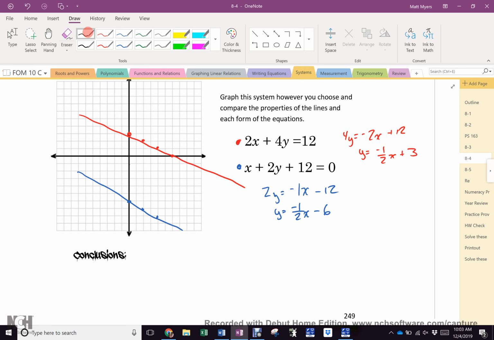So, linear systems have how many solutions? In this case, none. Linear systems have no solution if what?